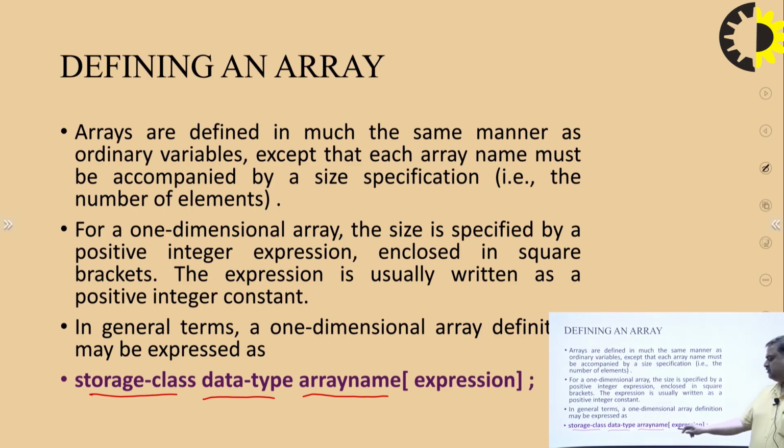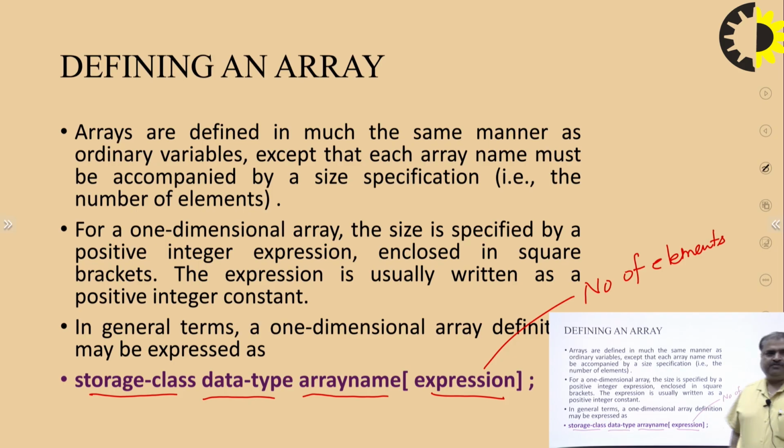And here is one expression. This expression will evaluate to an integer value, and that integer value will become the size of the array. This defines the number of elements.